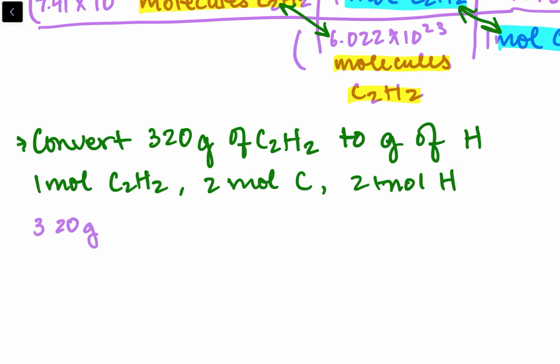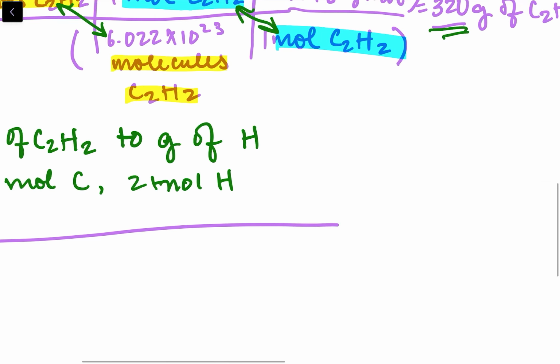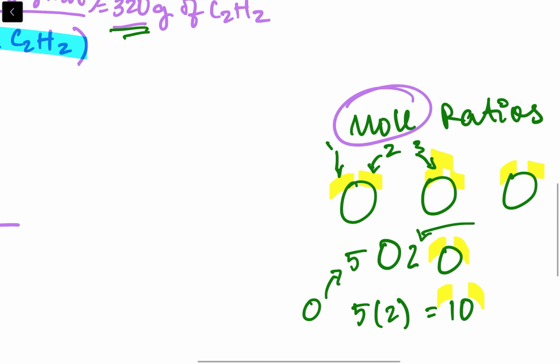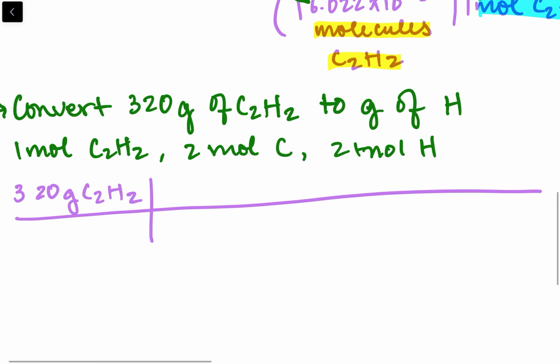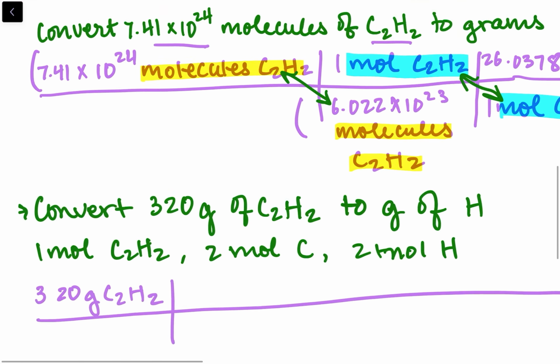So we have 320 grams of C2H2. Those are the number of grams. Horizontal line. You have 320 grams of C2H2, but we want to convert this into moles because once again, this is called mole ratios, not gram ratios, it's mole ratios. So to go back here, to convert from grams to moles, we divide by molar mass.